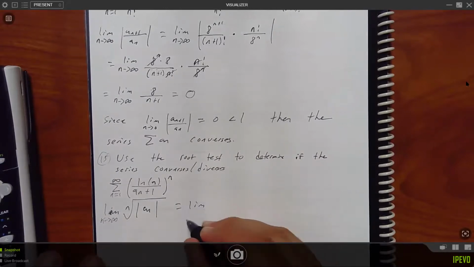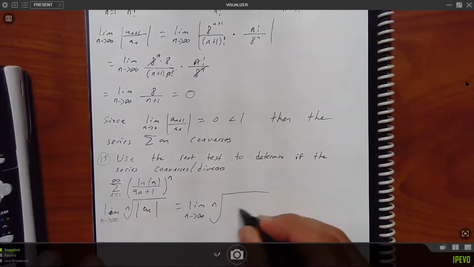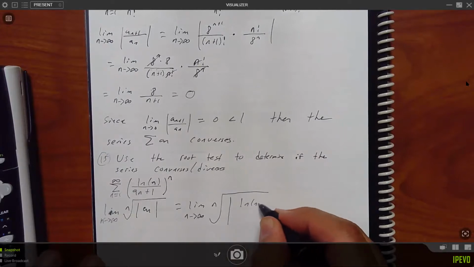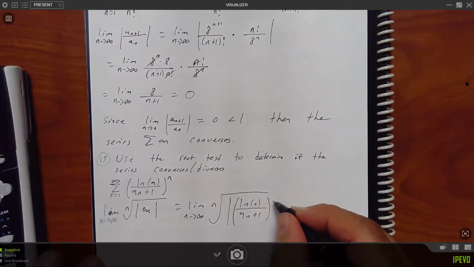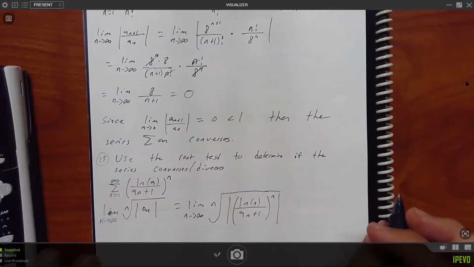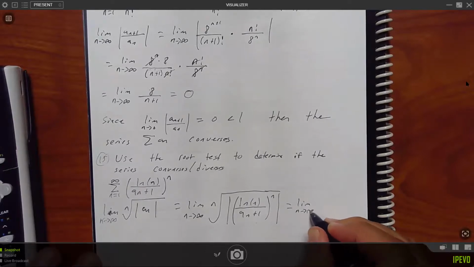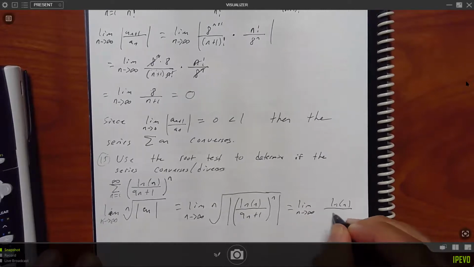So the limit as n approaches infinity of the nth root of ln n over 9n plus 1, all to the n, is going to be the limit. The n's will cancel, giving me ln n over 9n plus 1.